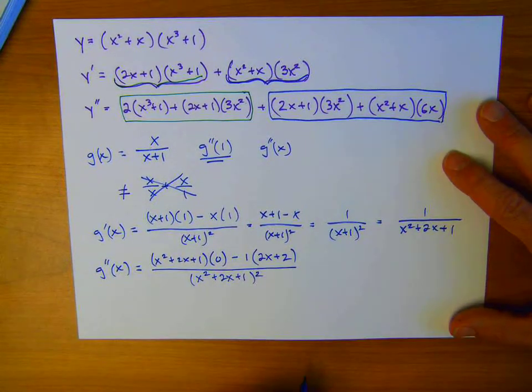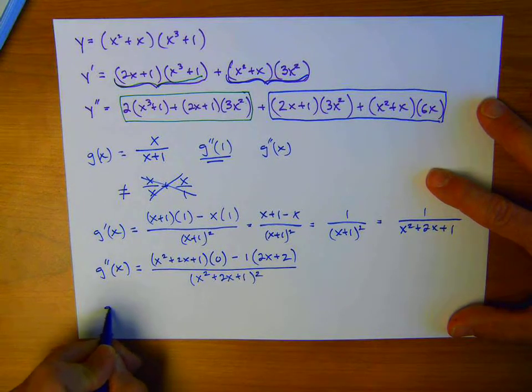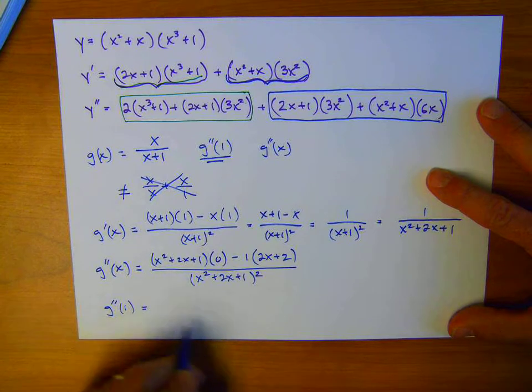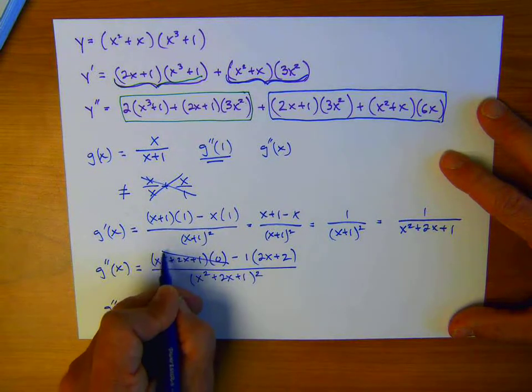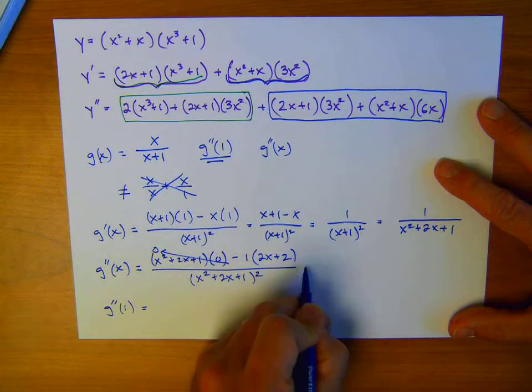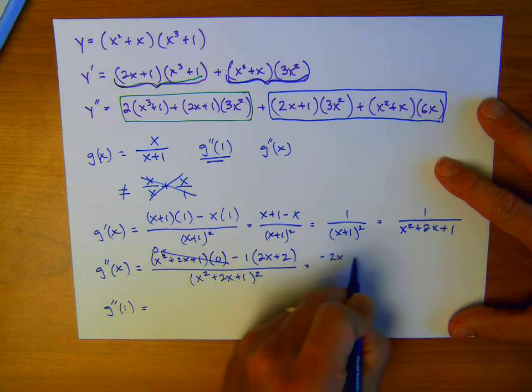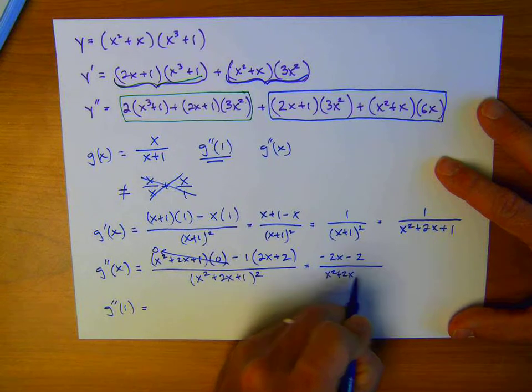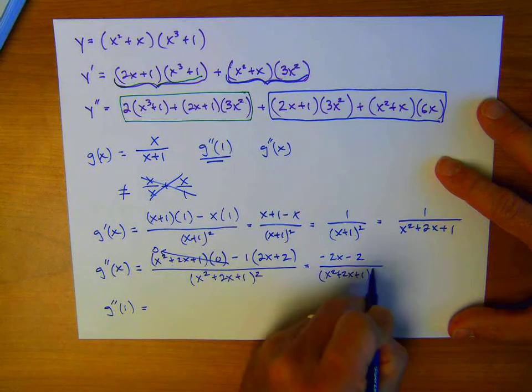Let's simplify this a little bit, because ultimately I want to find g double prime of 1. Well, this is just 0, and then I can distribute that negative, so I have minus 2x minus 2 over x squared plus 2x plus 1 squared.